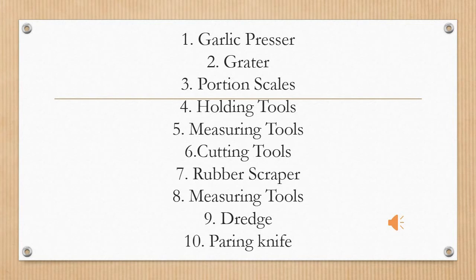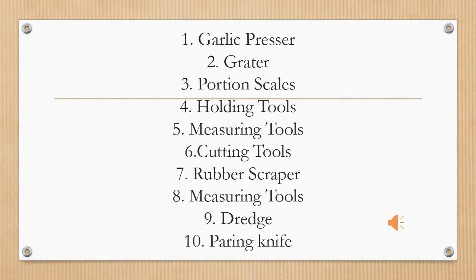It is used to measure small portions of ingredients. Portion scale. Number 4. It is mainly used to hold ingredients and foods to avoid food contamination. Holding tools.